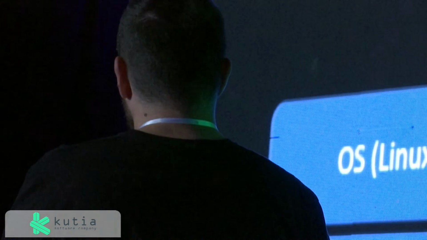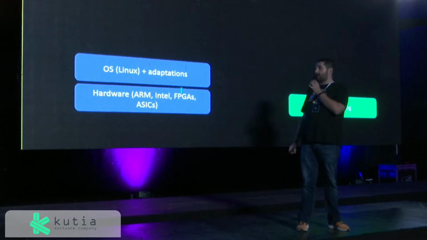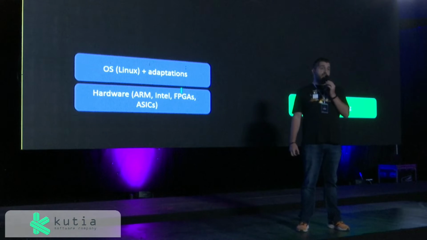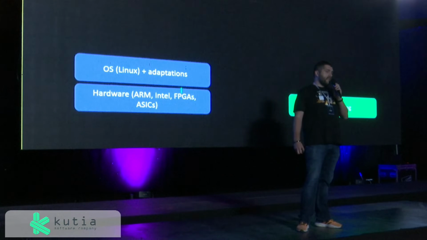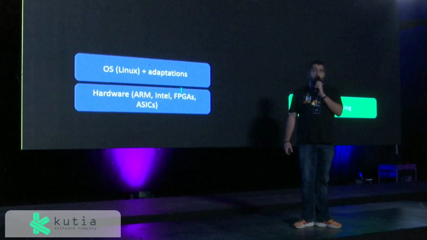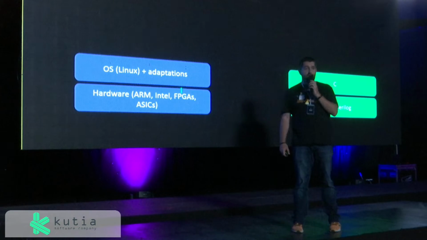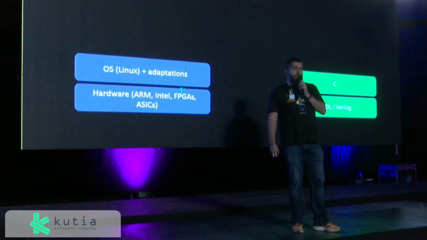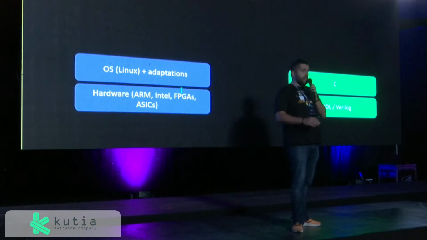On top of that, we have an operating system running on our base stations. This operating system is Linux. Of course, we need to adapt it, because base stations are not exactly your normal hardware that you see every day. Okay, you see them every day, but it's not something you are working on every day. And to do this, we are using C. Why C? Because base stations are much closer to embedded computing than to any other kind of computing.